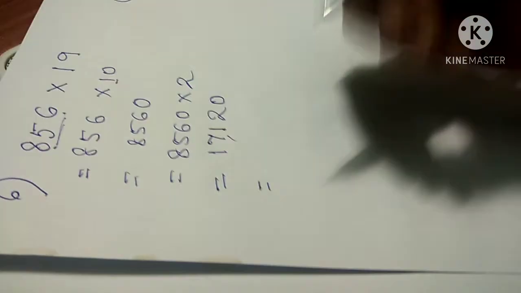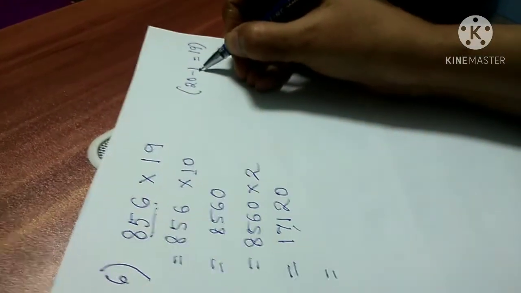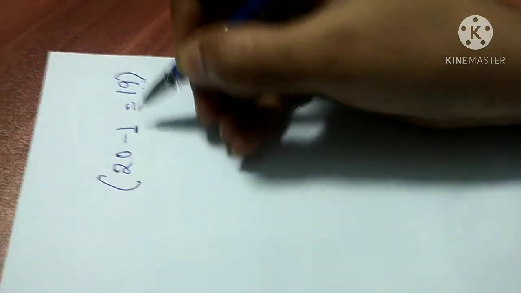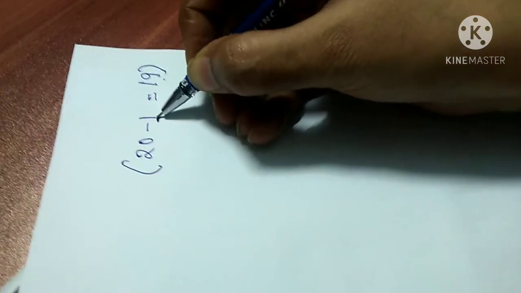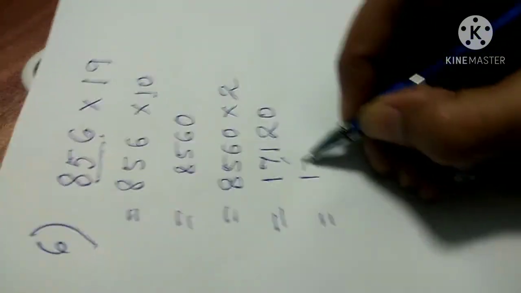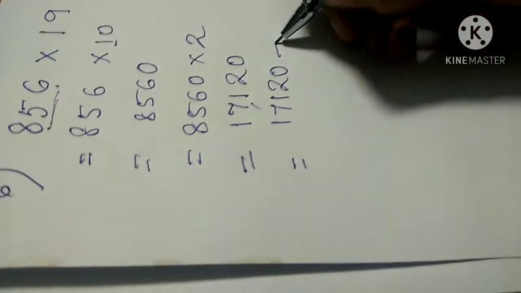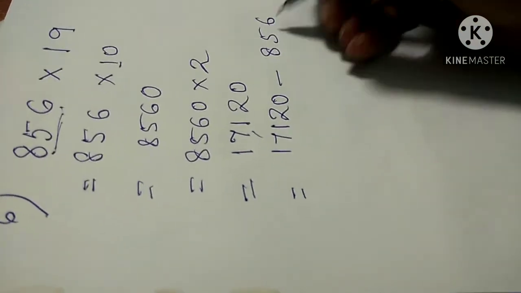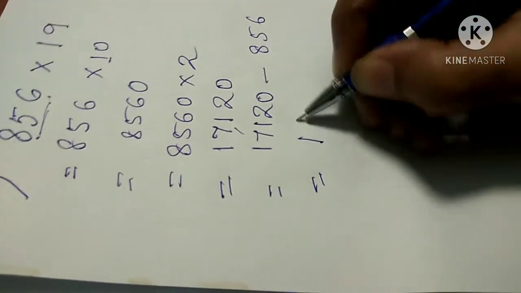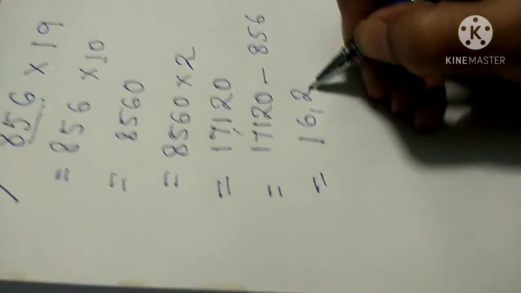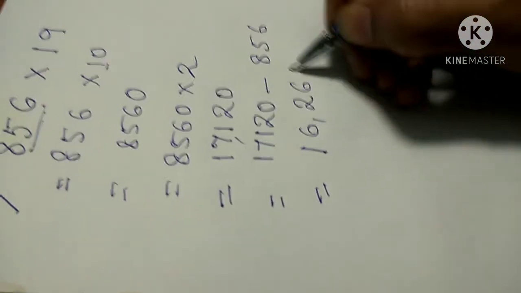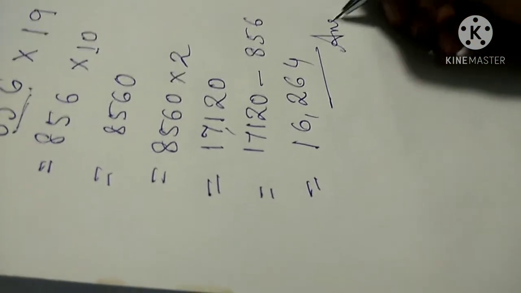I have to subtract 20 minus 1 is equal to 19. So I will subtract the original number once. 17120 minus the original number will give me the right answer. That is 16264. Okay. So got it?